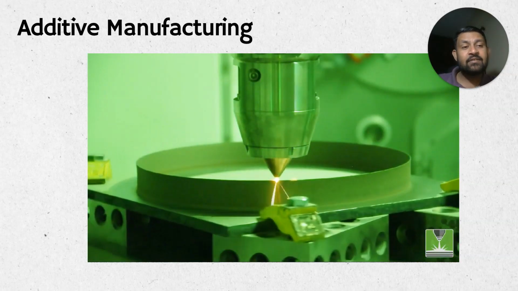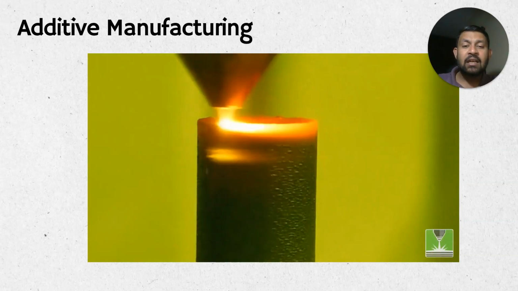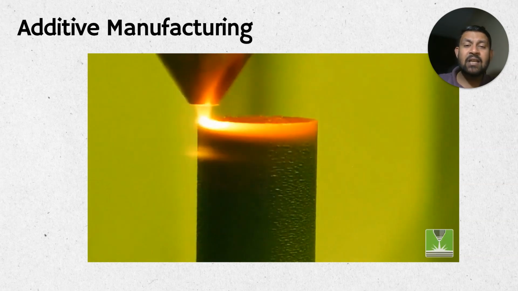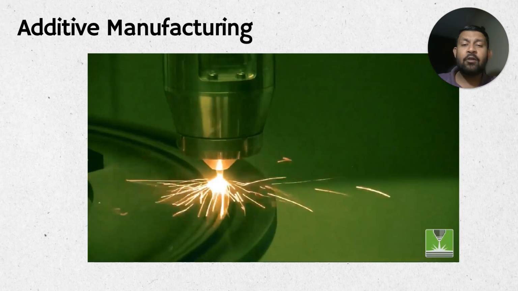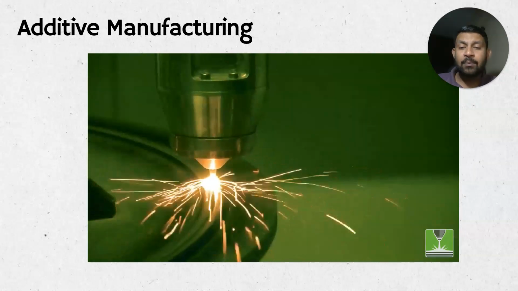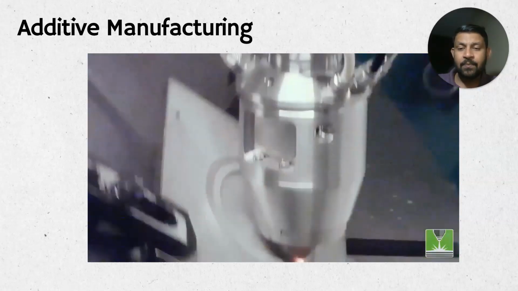This laser is giving the energy to melt the powder particles and deposit them in a specific manner, and as soon as it solidifies, it is solidifying in the shape of the data that was given for the 3D printing operation.